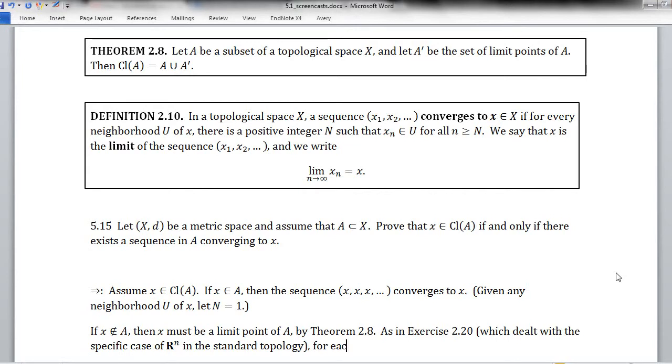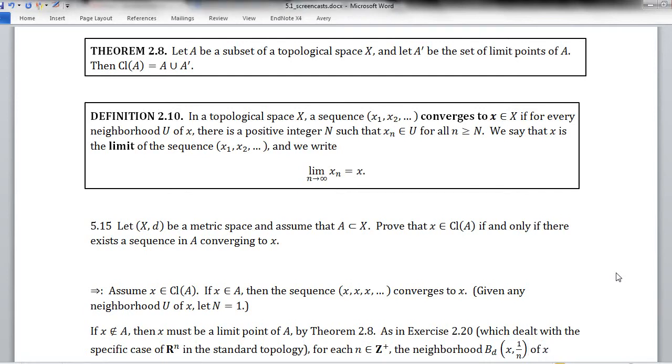for each n in the positive integers, we have a neighborhood, the ball with respect to the metric d centered at x of radius 1 over n.